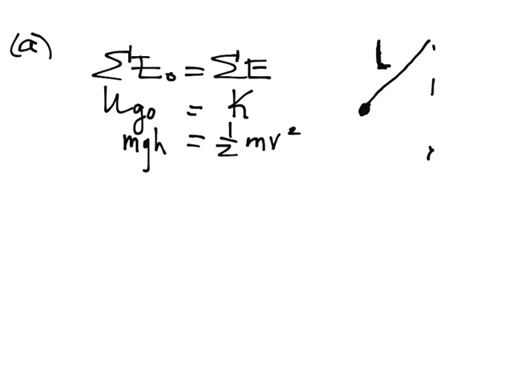And we want to know the difference between how high the thing is when it's extended and then how high it is when it's all the way to the ground.